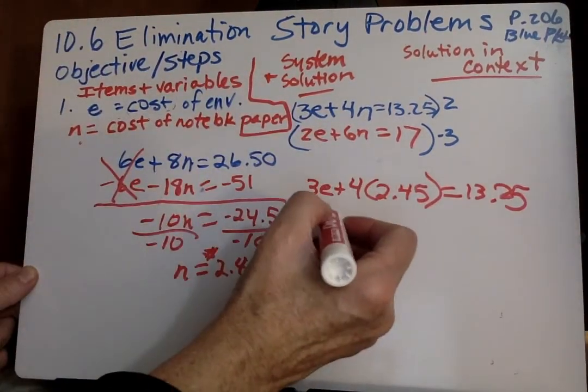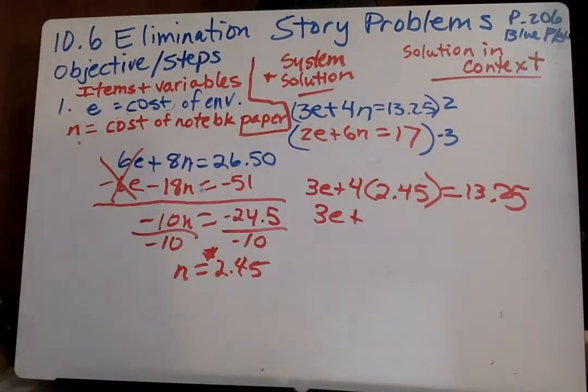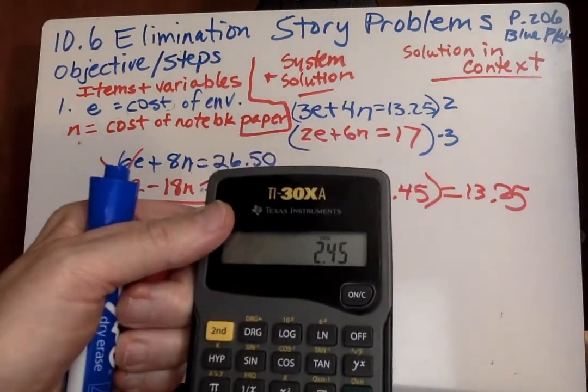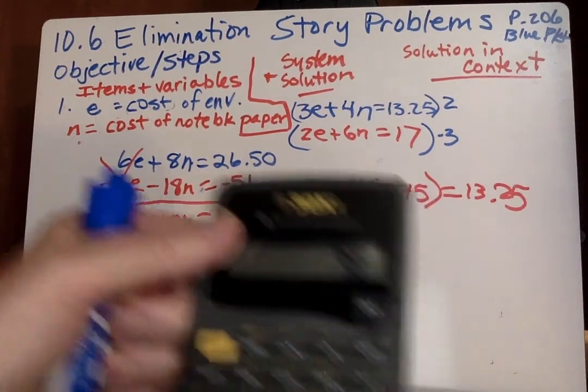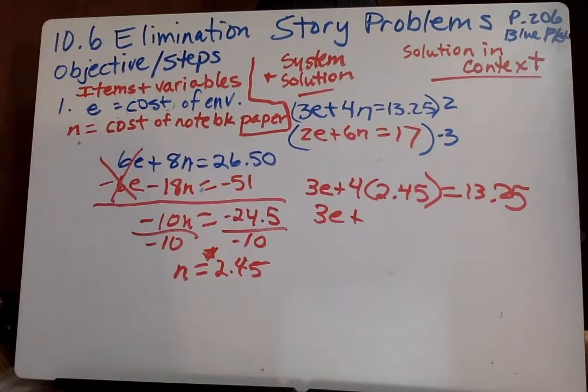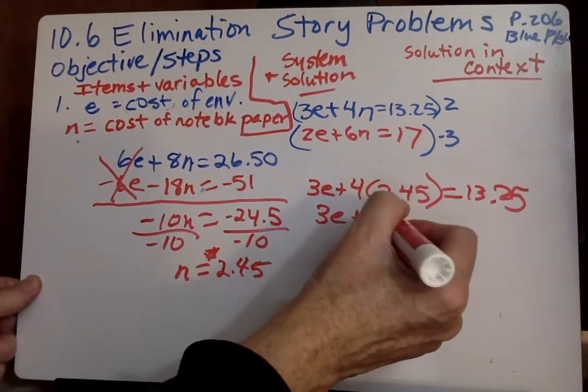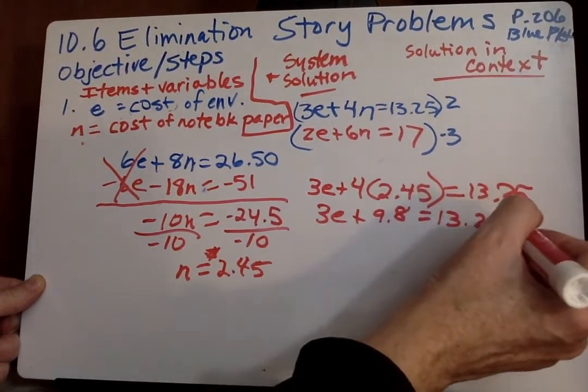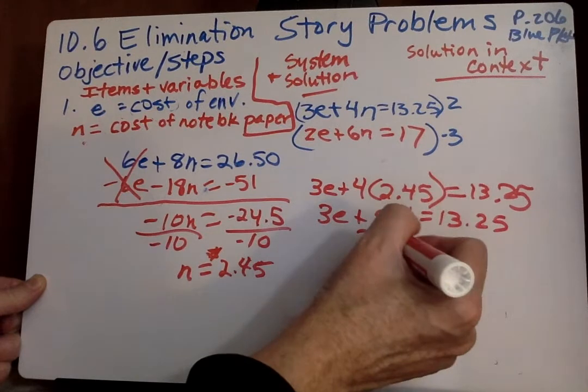Okay, so 3E plus, take this same thing, 2.45 times 4, 9.8. Subtract 9.8.